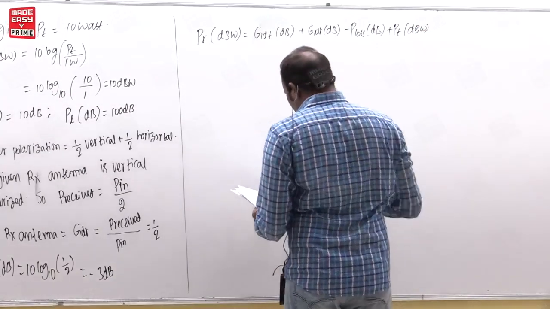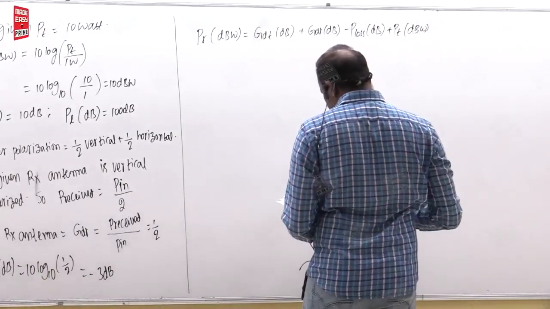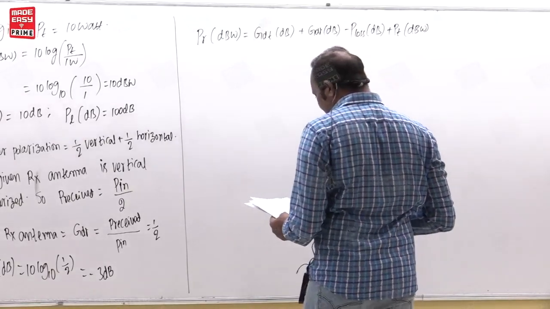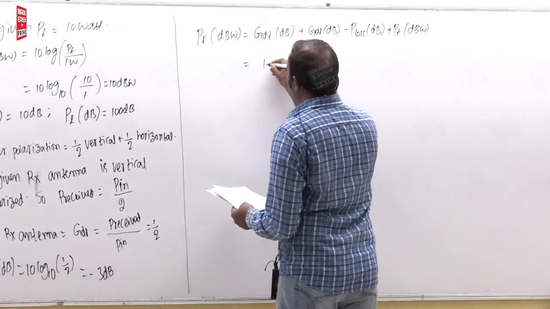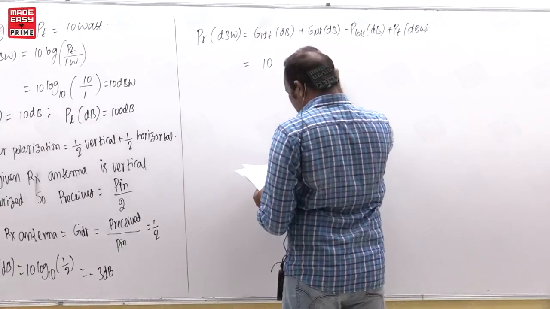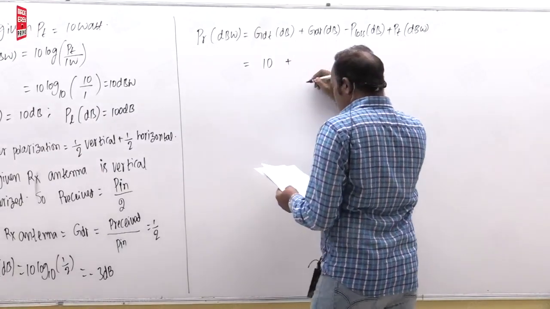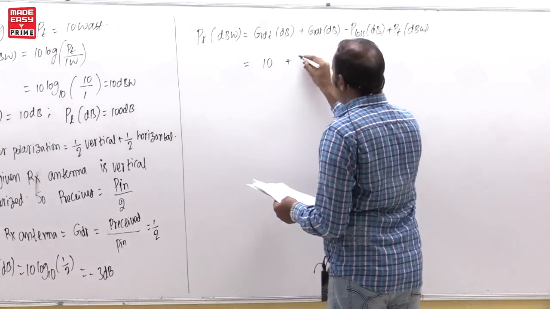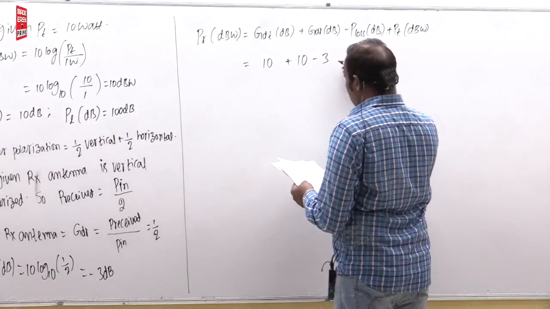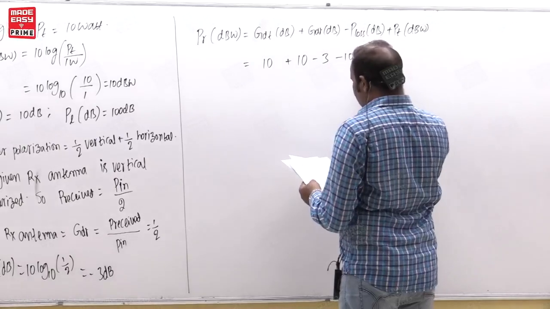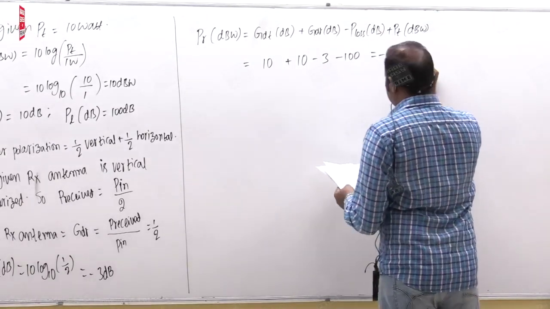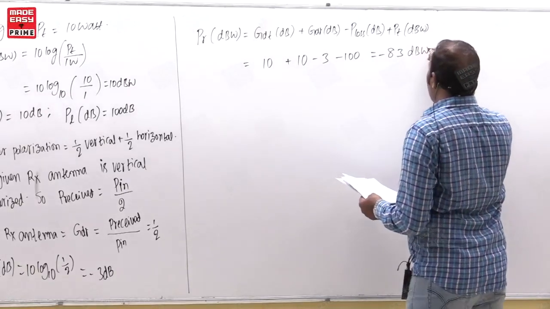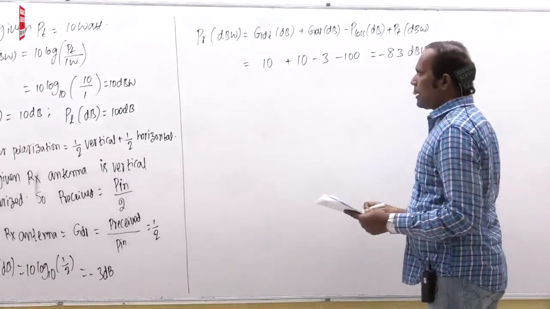What this question wants is the power received in dB watt. Now substitute: 10 minus 3 minus 100, and the transmitted power 10 dB watt, in whatever sequence. Ultimately you get minus 83 dB watt. So that is the answer, dear students.